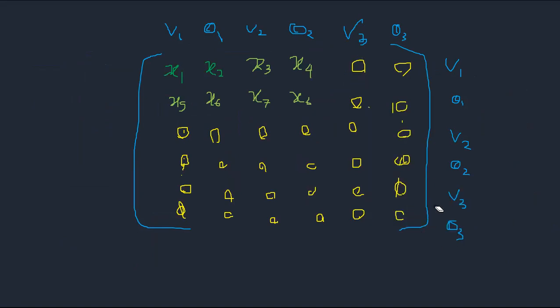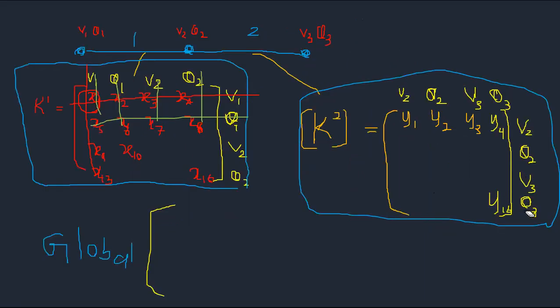So for theta 3 and v3, without any hesitation, you can write these terms, right? Theta 3 and v3, because theta 3 v3 is not in this matrix. So theta 3 and v2 will be y11, right? This is y12, sorry, y13, y14, y15, and y16, right?